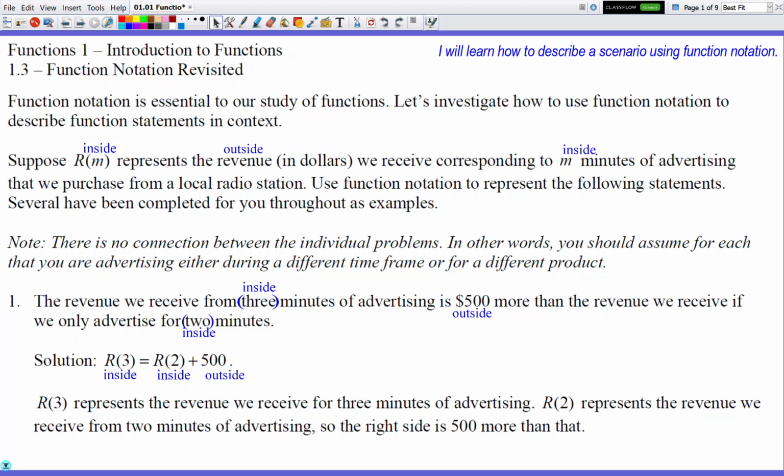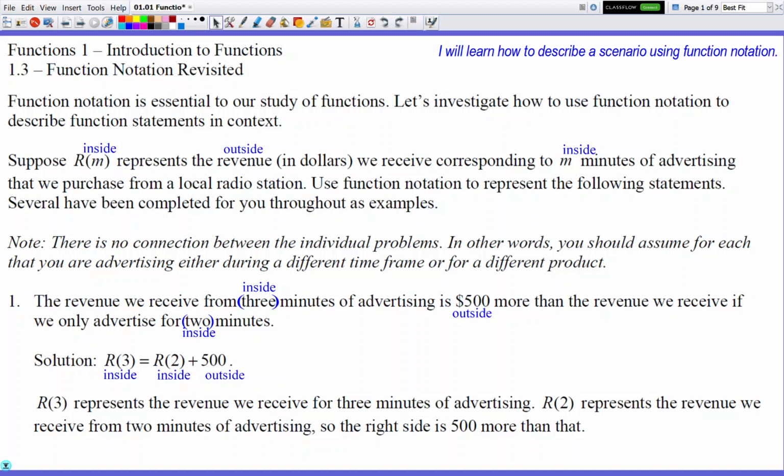So make sure you understand the difference between what gets written inside the parentheses versus outside. Anything inside the parentheses is going to relate to minutes, or changing the amount of minutes that we advertise. And whatever is written outside is going to be connected to revenue, or the money we make from doing the advertising.